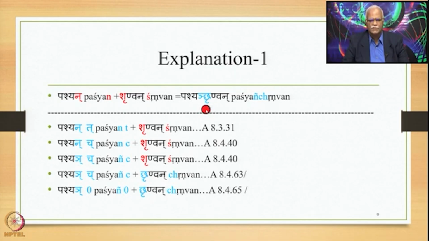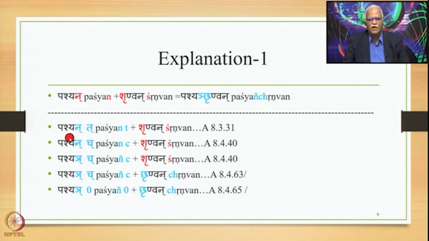In some textbooks there will be no ch, there will be just sh. That is also according to the grammatical rules, mainly because this ta is stated to be optional. So if this ta is not added here, you will have only na followed by sh, in which case stoshchanaschuhu will apply, and this na will be substituted by ya, and you will have pashyai shrinvan.